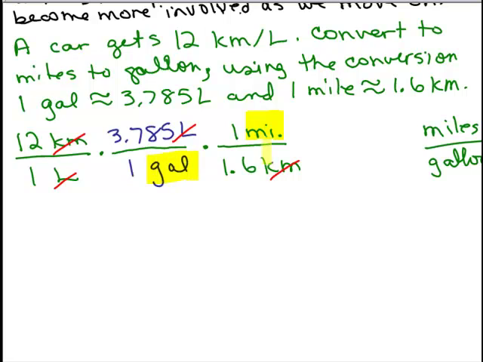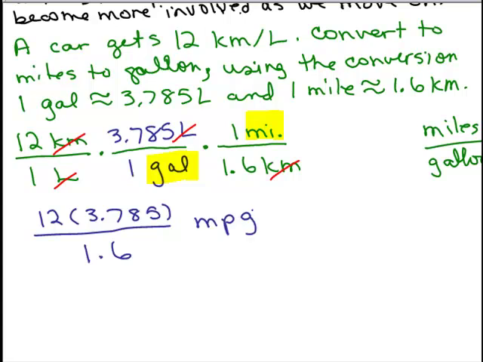So if I just deal with the numbers here, which is the 12 times the 3.785 divided by 1.6, remember that's what you're going to do in your calculator. If you have a calculator, you can do 12 times 3.785 and divide by 1.6. You will now have your answer in miles per gallon, right? Because miles over gallon could be written as miles per gallon.